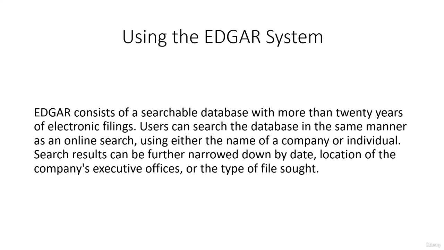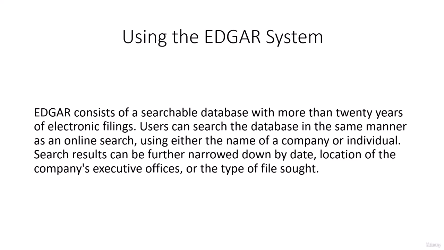In addition to company data, EDGAR can also be used to search mutual funds, variable insurance products, or confidential treatment orders. These are orders that restrict access to data that is otherwise required to be filed.